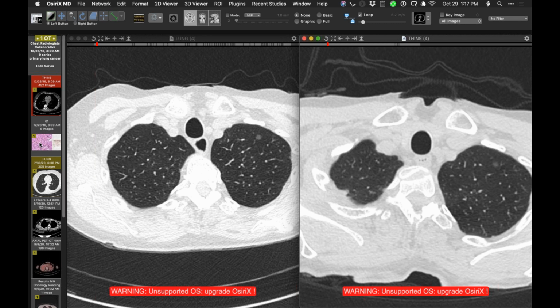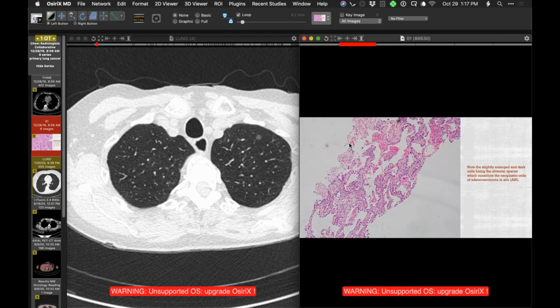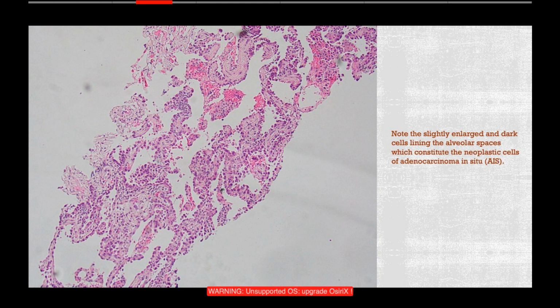So no surprise that we have this pathology. So here's the needle core biopsy. Here is a slightly bigger version of it. And you will see that we have abnormal cells going along the interalveolar septa, very consistent with adenocarcinoma in situ.